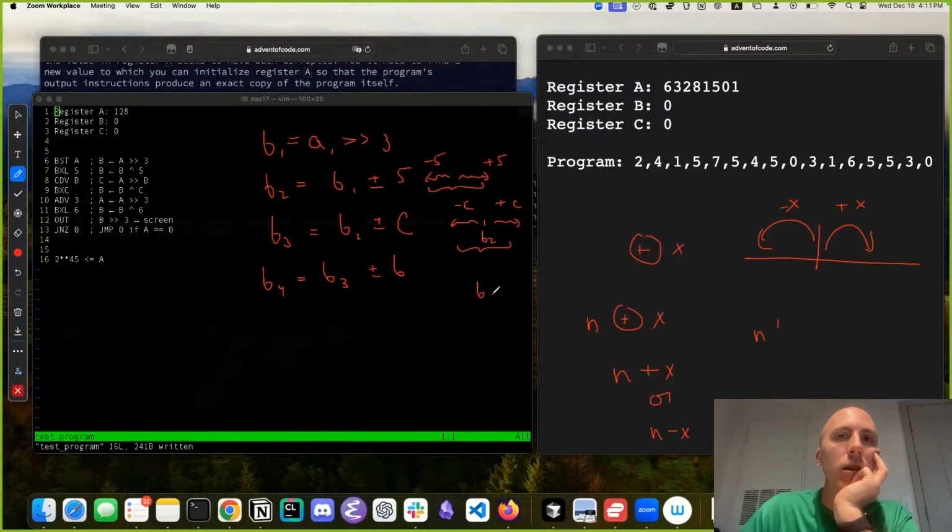So we take b3 and we could add 6 to it or subtract 6 from it, and we wind up in this range. So that's interesting intuition on the XORing operations.